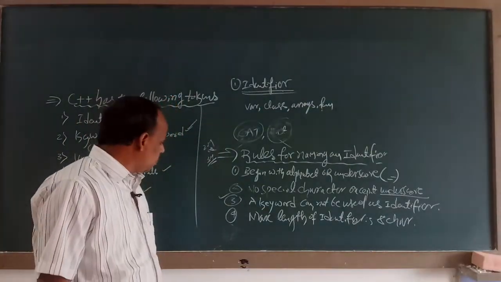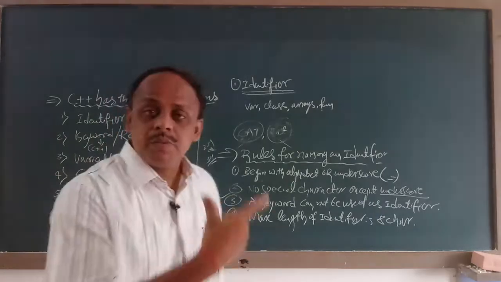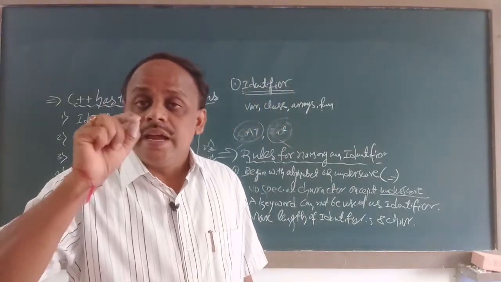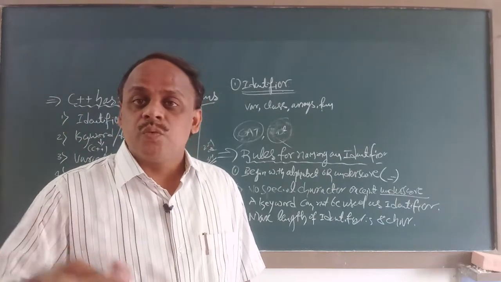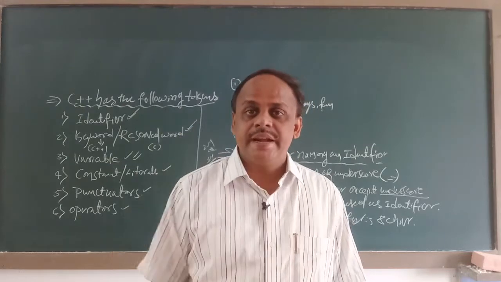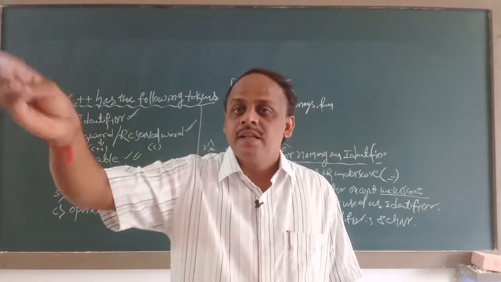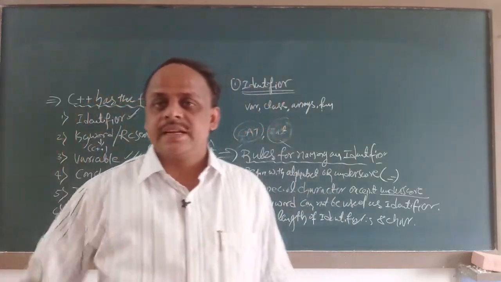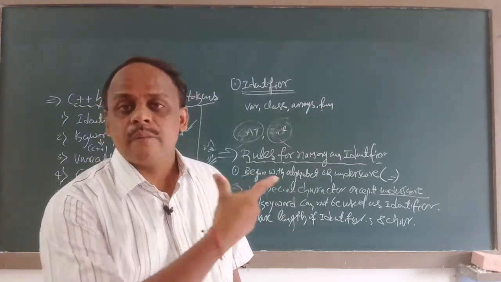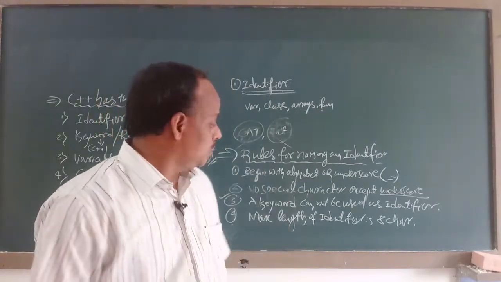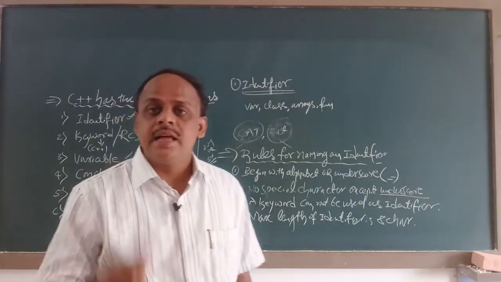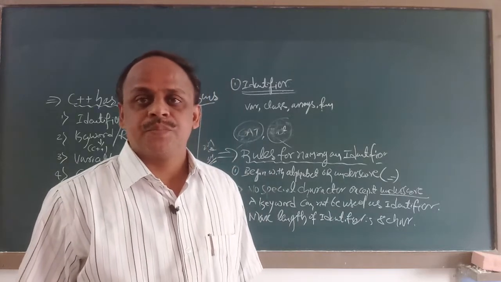Fourth one, maximum length of the identifier is fixed, that is 8 characters. So it must be a valid identifier, we have to take a maximum of 8 characters, then it is considered as a valid identifier. So these rules we have to remember while defining an identifier, right?